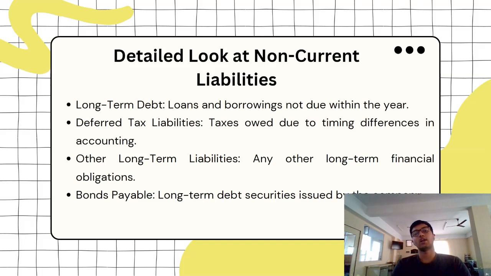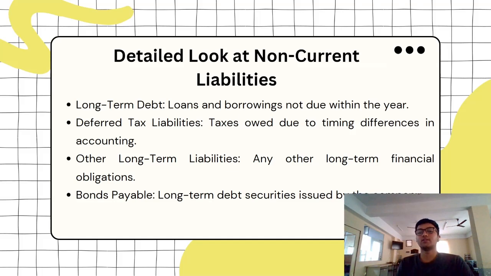So now that will be considered as non-current liability, because of the timing difference in accounting. The tax was due in March, because according to the standards it had to be repaid by 31st March. But because of this timing difference, that'll be considered as non-current liability.